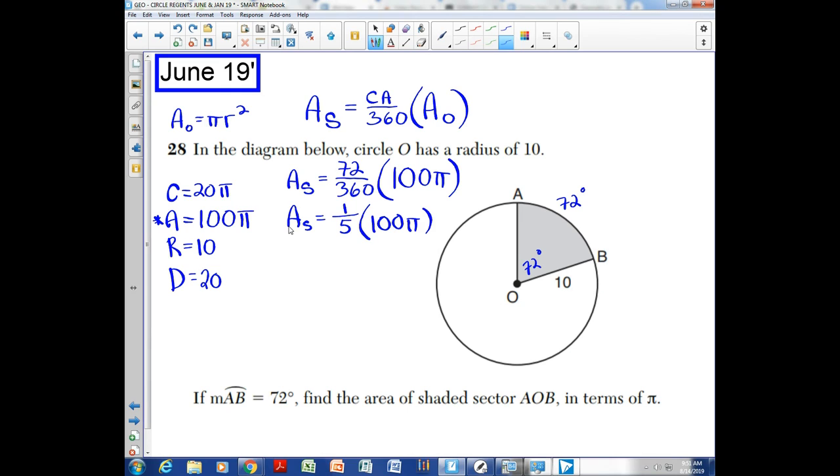And finding 1/5 of a number is the same thing as dividing it by 5. Since we're giving our answer in terms of pi, 1/5 of 100 is really easy to calculate. It's 20 pi. And that is the answer to our question. The area of the sector is equal to 20 pi.